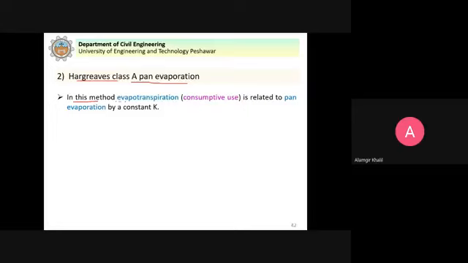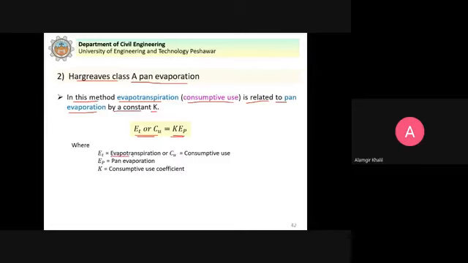In this method, evapotranspiration, that is consumptive use, is related to pan evaporation by a constant K. Now this is capital K. In the previous equation we used small k, this is now capital K. So ET, evapotranspiration or consumptive use, will be equal to K times EP, where ET is the evapotranspiration or Cu is the consumptive use, EP is the pan evaporation, and K is the consumptive use coefficient.